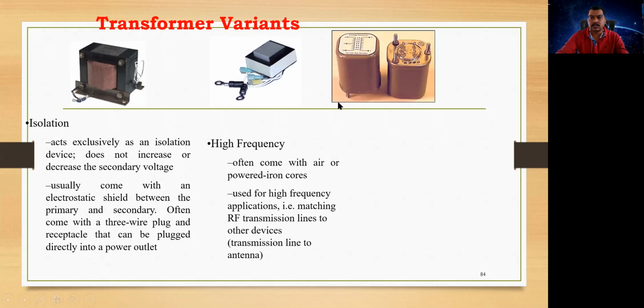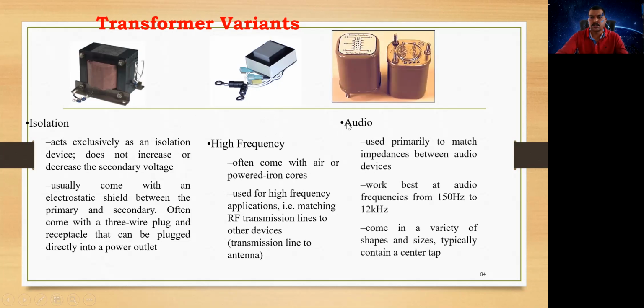Then these are some more transformers which are used in the audio range, primarily to match impedances between audio devices. Now this impedance, you should remember, is a very big term, and in one of the classes I will be telling you what impedance is. This is very important to match the impedances of two circuits. Remember this.